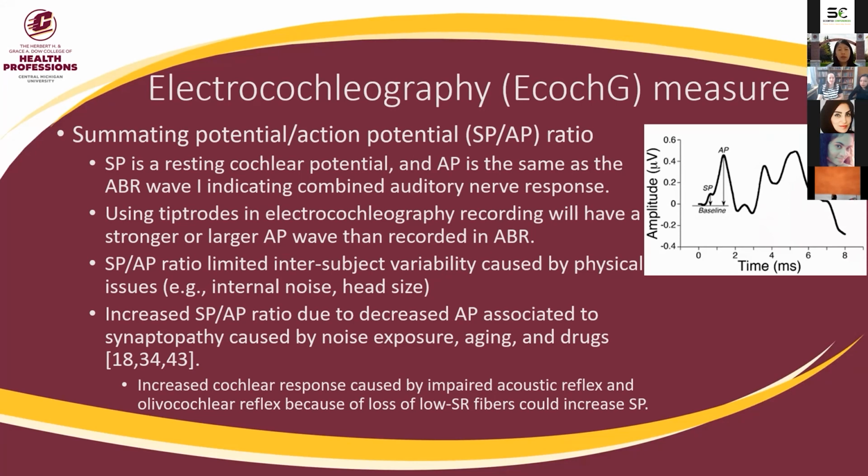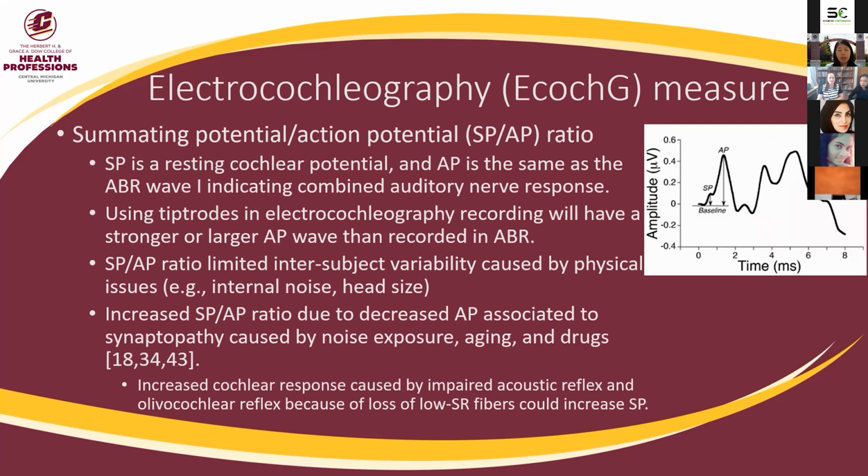Well, for individuals with hidden hearing loss, the SP-AP ratio will increase due to the decreased AP, but it will further increase due to an increase in the SP because of the impaired acoustic reflex and cochlear reflex, due to damage specifically to the low spontaneous rate nerve fibers.